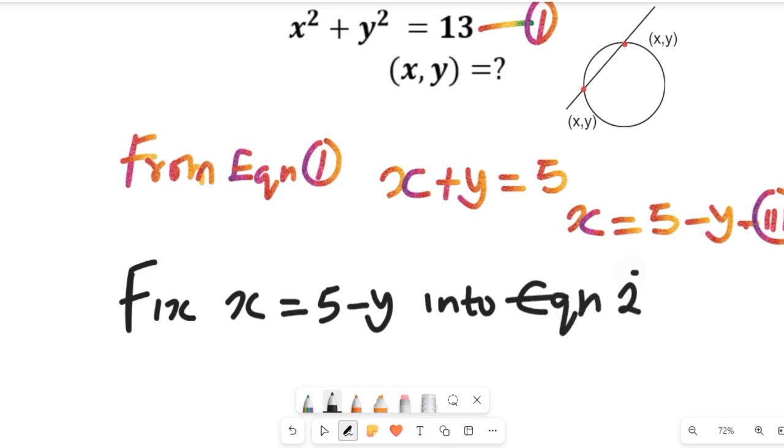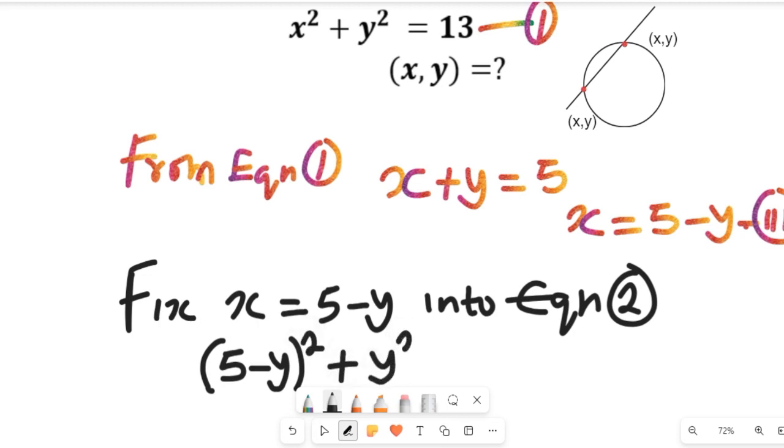Now, equation 2 is given to us. Wherever we see x, we are going to replace it with 5 minus y. That's just what it means. So we'll have 5 minus y all squared, plus y squared, and this will be equal to 13. Now let's solve that expression.